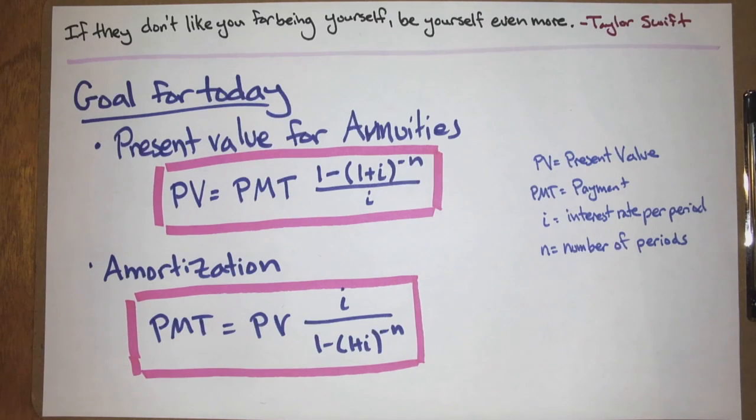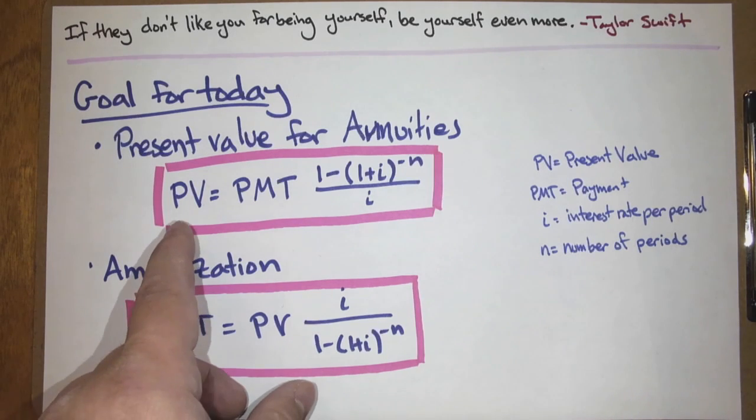How do you run it backwards? Instead of multiplying by 1 plus the interest rate to the power of the number of periods, which runs it forwards, you take 1 plus the interest rate to the power of number of periods to go back. So there are negative exponents. That's the big difference. Derivation aside, in principle, same ideas.